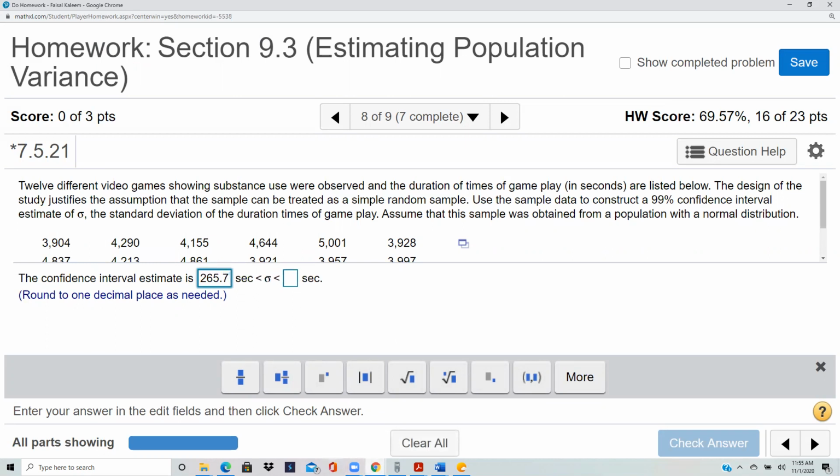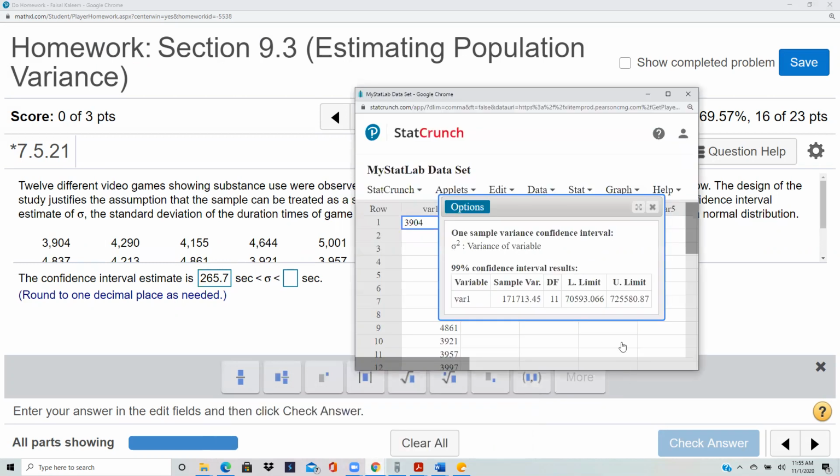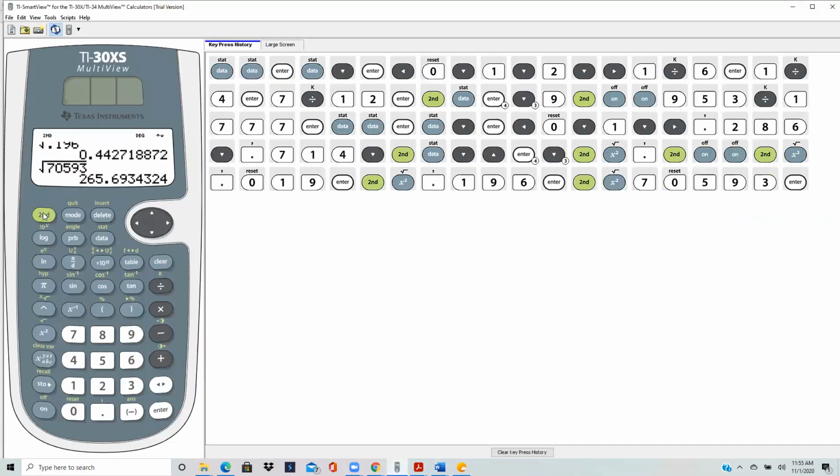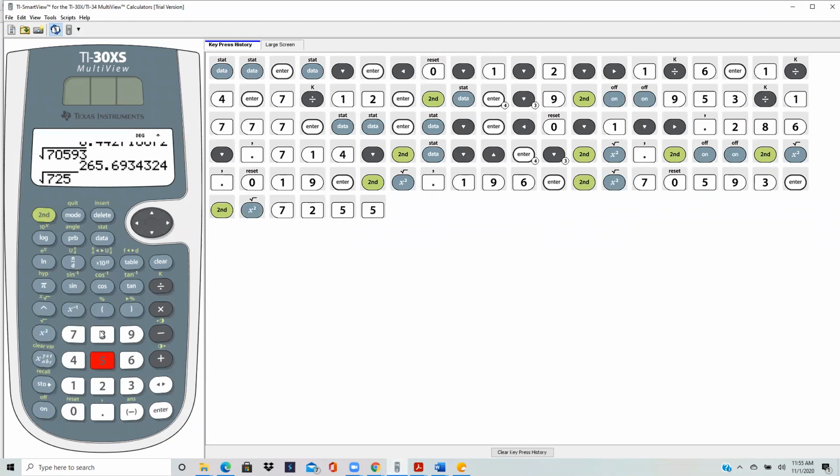And then you take the square root of the other one, 725581, which is 851.8.